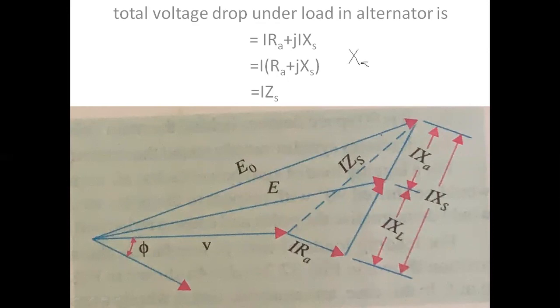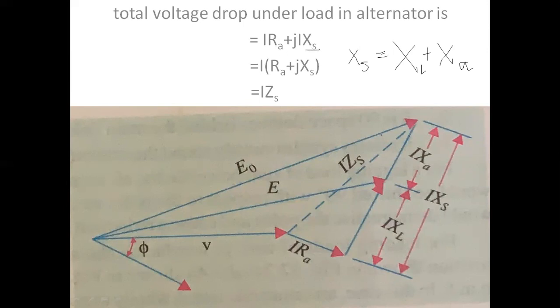Okay, so XS is equal to XL plus XA. So the voltage drop in the alternator under load, the total voltage drop, is IRA plus J into IXS.